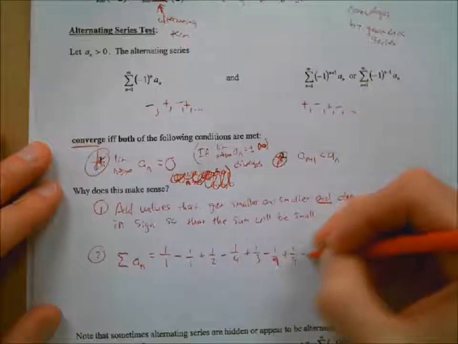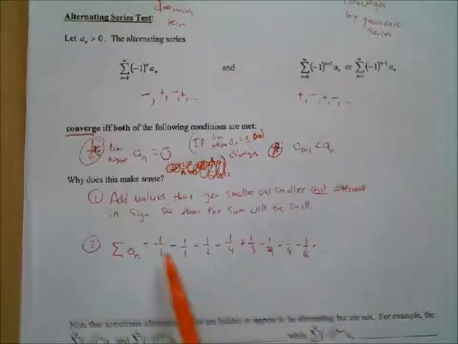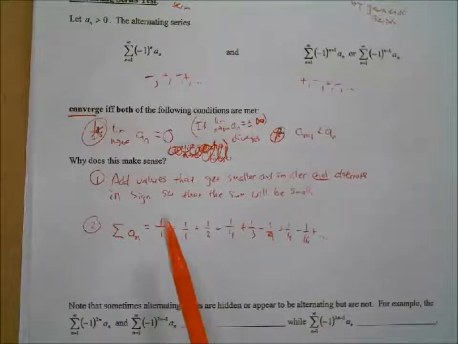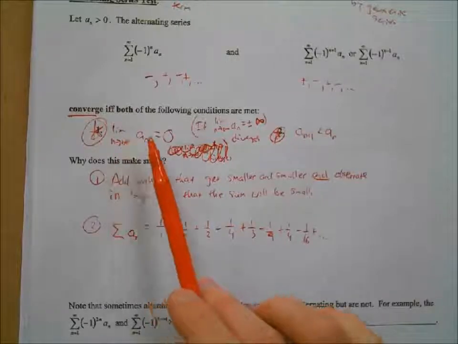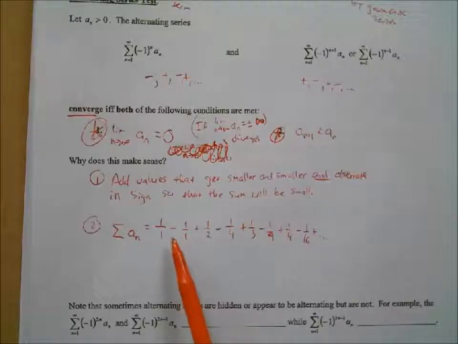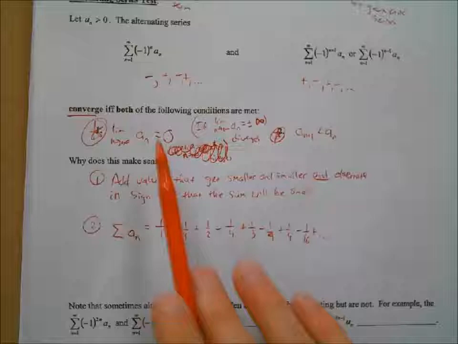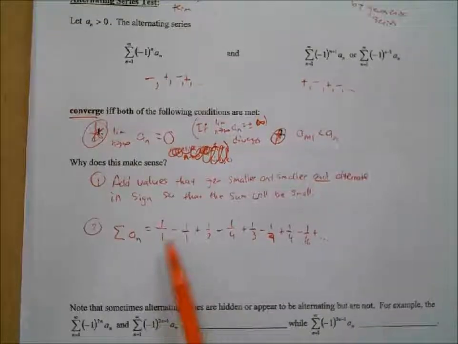So we have an alternating series, and is the limit as n approaches infinity of our sequence getting closer to 0? Are these values getting closer to 0 as we go? Yeah, they are. They're getting smaller.